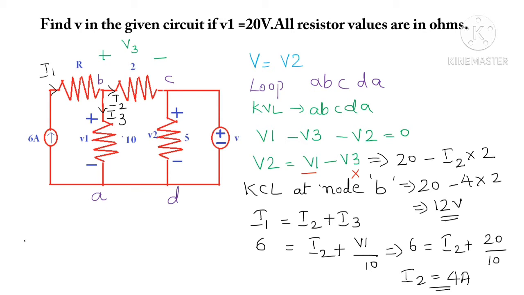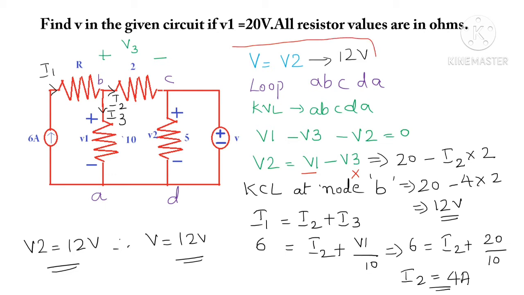That means our V2 is equal to 12 volts, and therefore the voltage V is also equal to 12 volts as applied to this. So our solution comes out to be 12 volt. So we have found the unknown voltage.